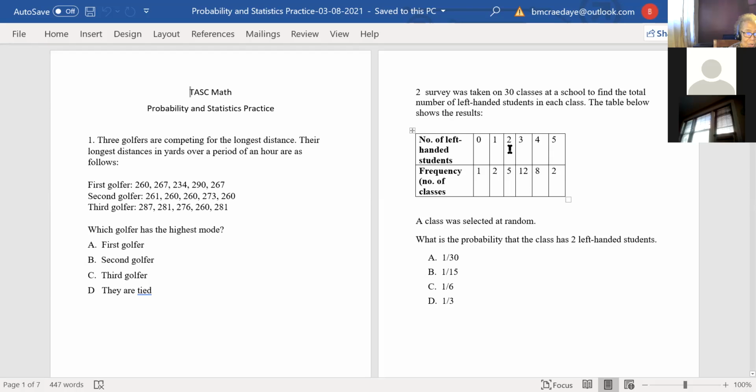And 2 fall in here. So there are 5 classes out of your number of classes here. The total will be the addition of all of these, right?